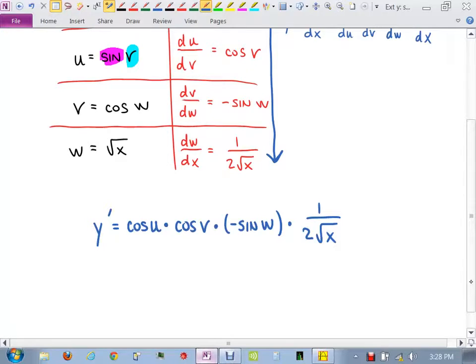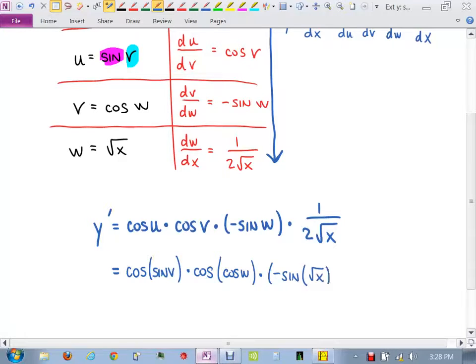So let's start plugging things in, and I'll go slow through this. What is u? This is sine of v, right? Then I have times, what's cosine of v? So what's v? Cosine of w. And then times negative sine of w, but what's w?